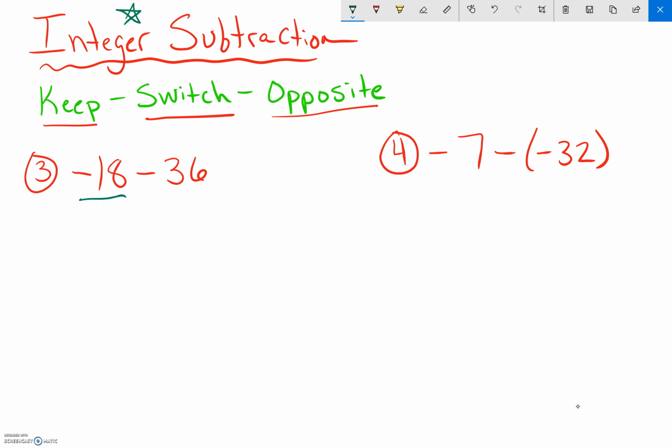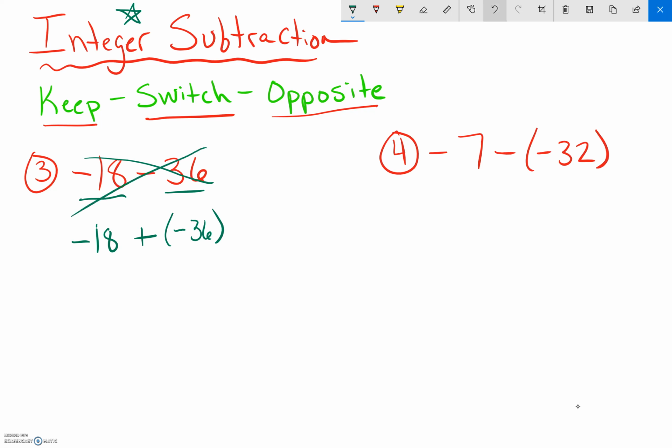We're going to keep the first integer, negative 18. We're going to switch the subtraction to an addition. We're going to take the opposite of the second integer. It's 36. We're going to make it negative 36. Now we've created an addition problem. So basically, we're not worried about this anymore.